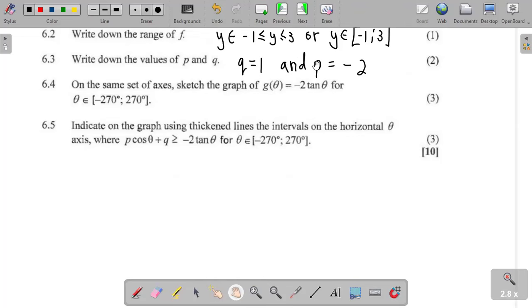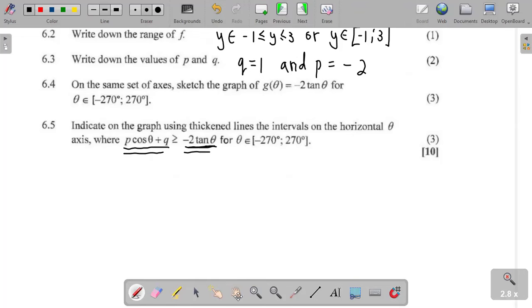So they say where this is greater than or equal to. It means that this will be on top of that.